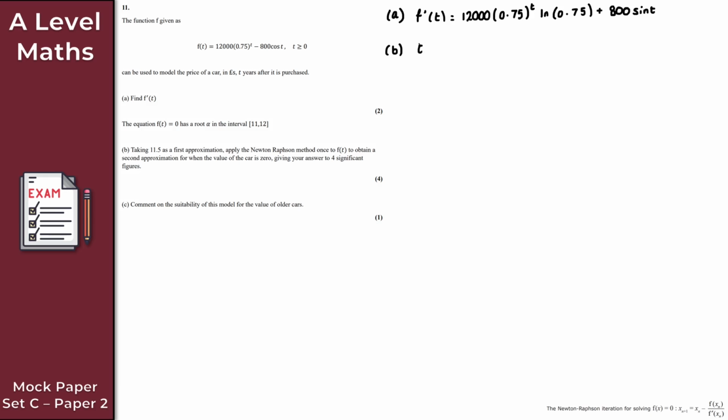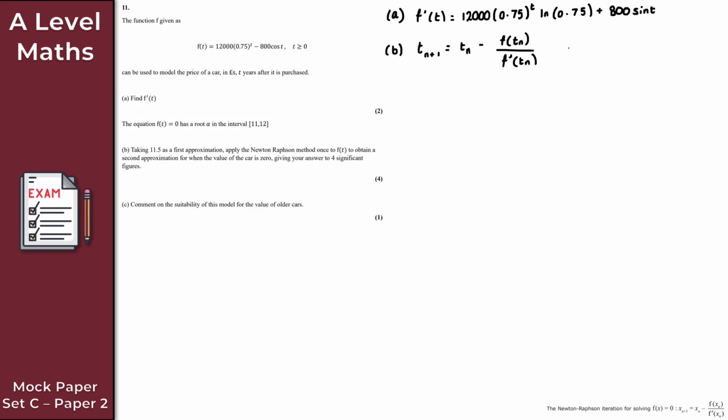So in that case then, what I've got here is t of n plus 1 is equal to t of n, the previous term, minus f of tn all over f prime of tn, right? I've just adapted this formula here in terms of t, right? Nice and straightforward.